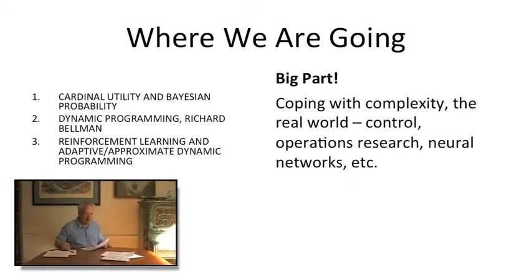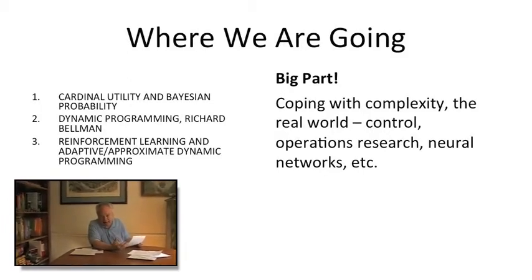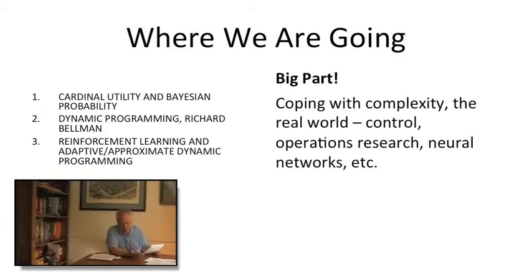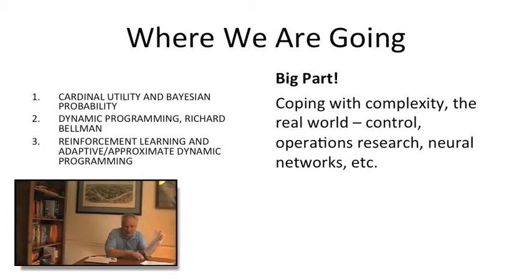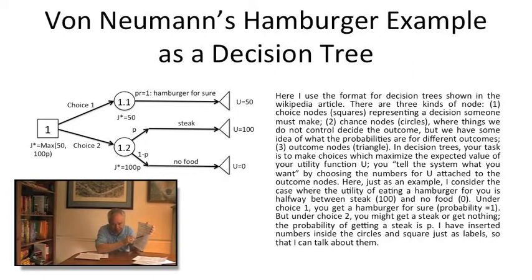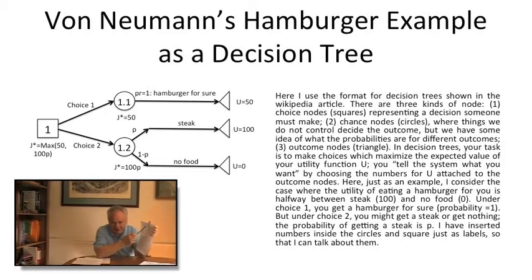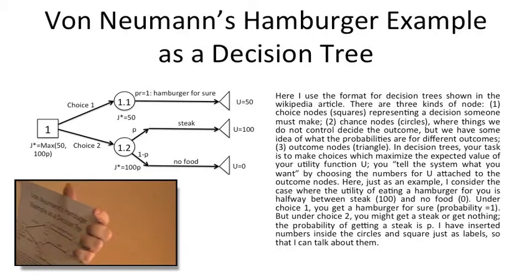So when Raiffa translated utility functions and dynamic programming into simple terms that people could use in business, he showed people how to do things called decision trees. And this is an example of a decision tree. This is a decision tree that represents von Neumann's example about hamburger and steak, which I mentioned last time.